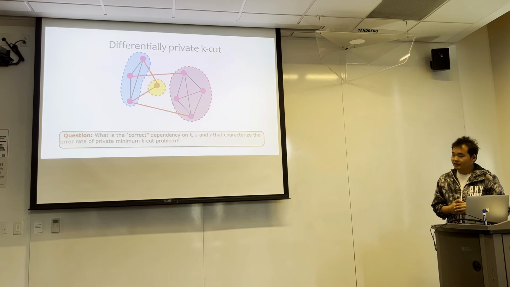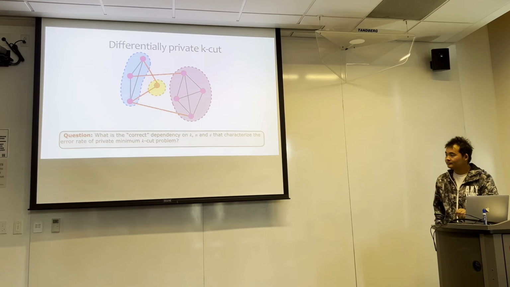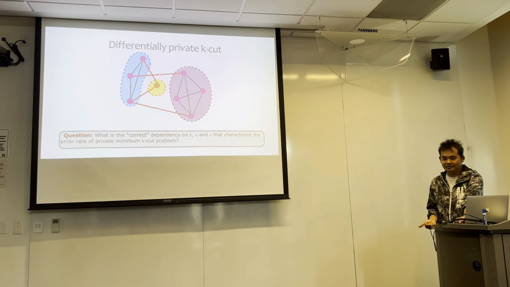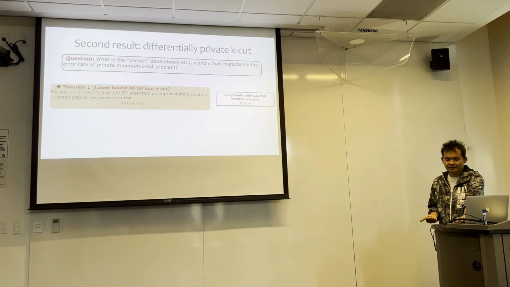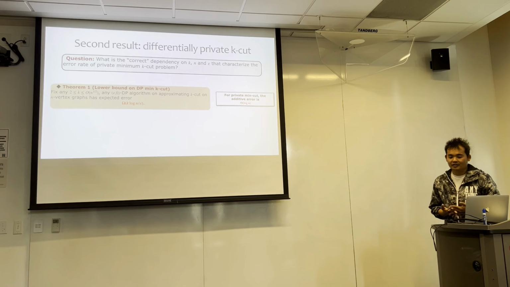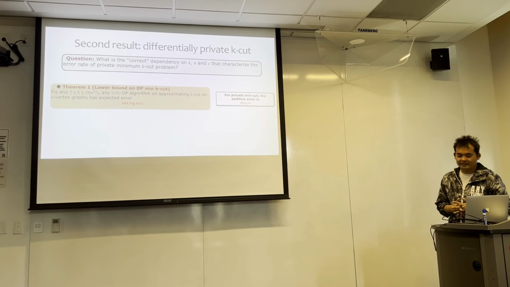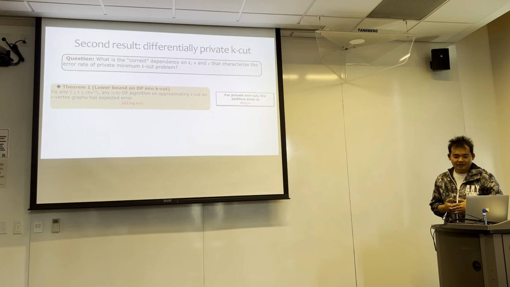Okay, so we already know that for min cut there is a log k error algorithm by Bun et al. But what should be the correct error when k is larger than 2 for the private minimum k-cut problem? To answer this question, first we show that we could get a k log n lower bound on privately outputting a k-cut. And when k is 2, it just reduces to the bound for private min cut.